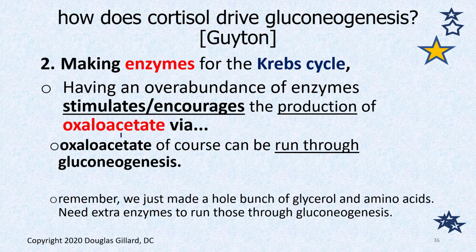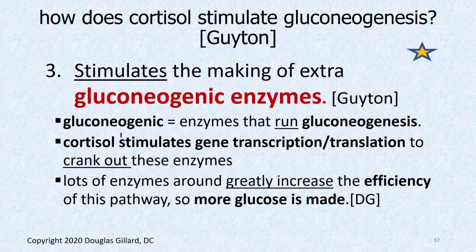That's the goal of the Krebs cycle, to make oxaloacetate, and that's what's run through gluconeogenesis. What else? Well, it stimulates not only Krebs cycle enzymes, cortisol can also stimulate cells to produce the gluconeogenic enzymes, so all the enzymes that run gluconeogenesis. So the Krebs cycle and gluconeogenesis have plenty of enzymes, so it never runs out. Why? Because of cortisol.